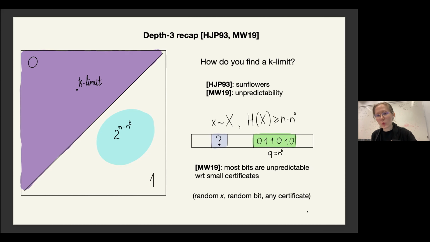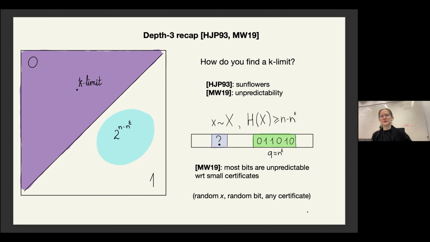So what does it mean if after these queries I am able to tell exactly what's hiding behind this question mark, 0 or 1? This means that in X, in the support of my distribution, with this green part of the string, I can see only one option behind this question mark.